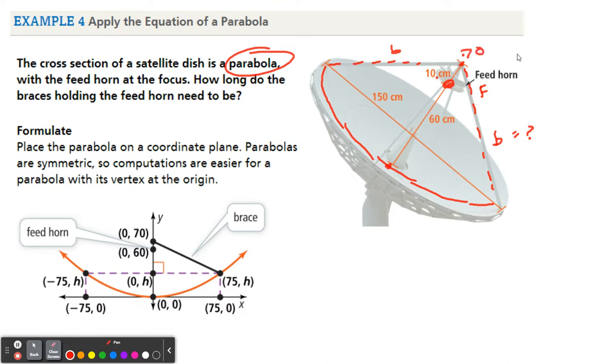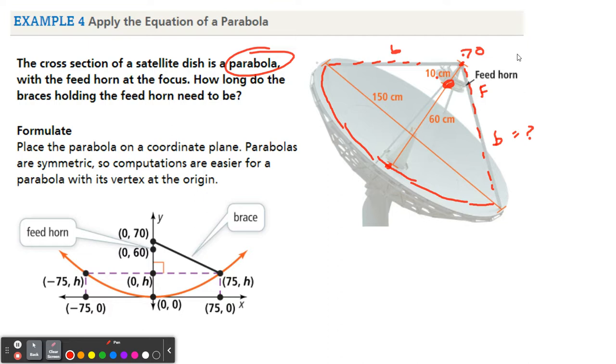So this distance is actually 70 from here to the vertex. So keep that in mind. That's what this picture represents. So you have (0, 0) as your vertex, the focus at (0, 60), and then the brace ending 10 more above that, at (0, 70).